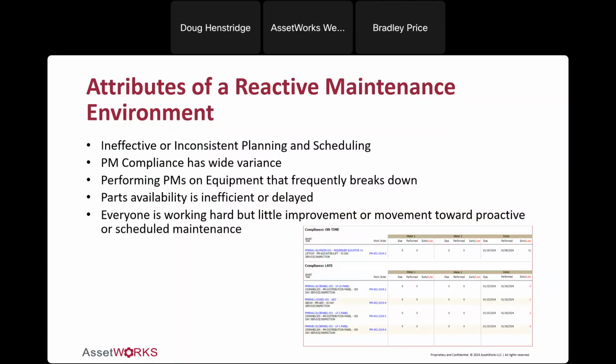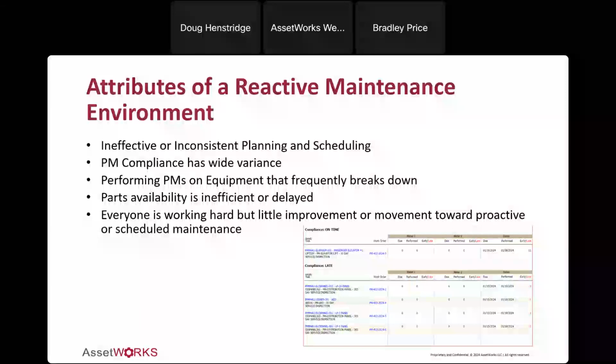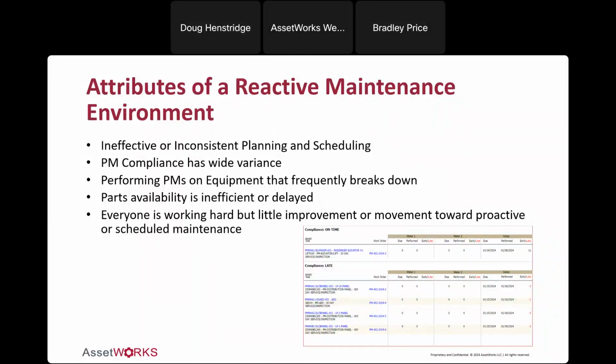This tends to lead to a wide variance in PM compliance. So you kind of see this little embedded report here, which is showing a variance where some things are coming due early, some are getting done late. As your preventive maintenance or your inspections are being done late, they're being shifted, they're being skipped, as I alluded to.